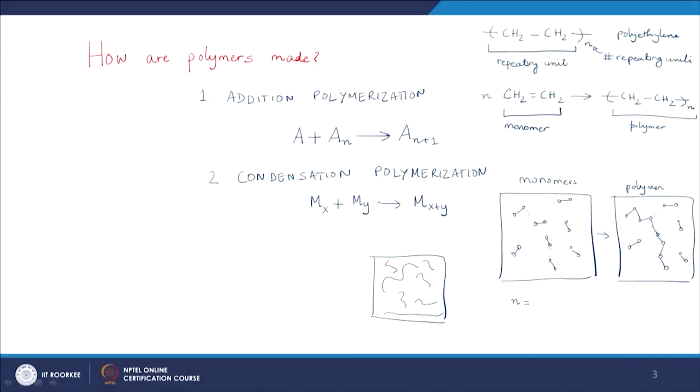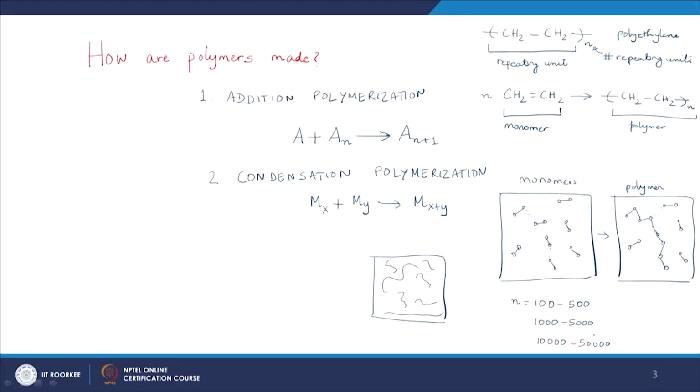So for example, n can be 100 to 500, or for example 1000 to 5000, or for example 10,000 to 50,000, or any other range, right. The key point here is that whenever we try to control or do this polymerization process, we never have precise control on the molecular weight or the number of repeating units.